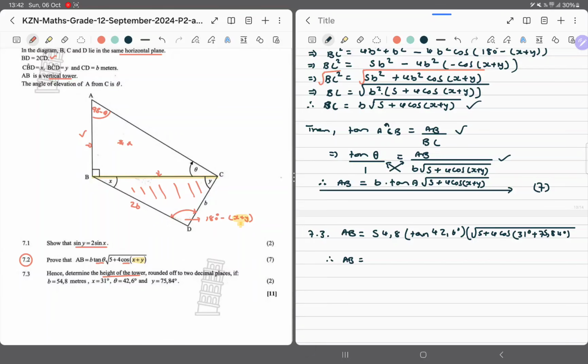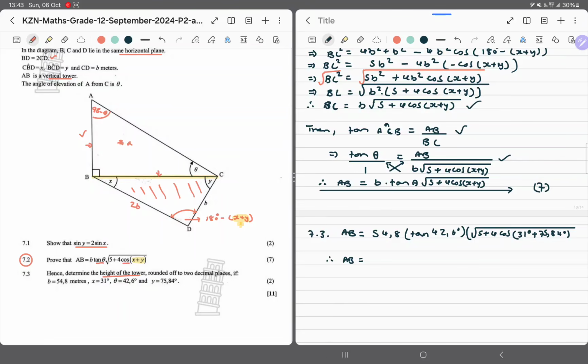So we start by saying 54,8 into tan, but be very careful here of how you write this. Tan of 42,6. Now we need double brackets there so that we can have the big bracket outside, and then we say again into, then we put the square root sign. We've got 5 plus 4 into cos of these ones.